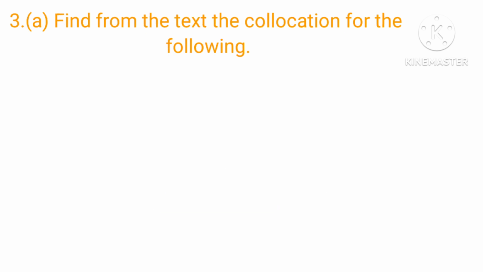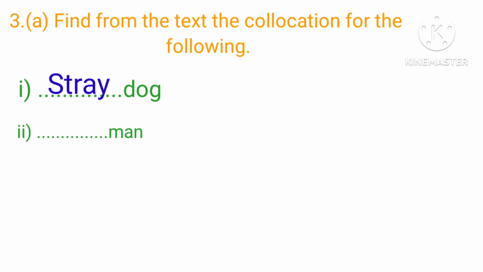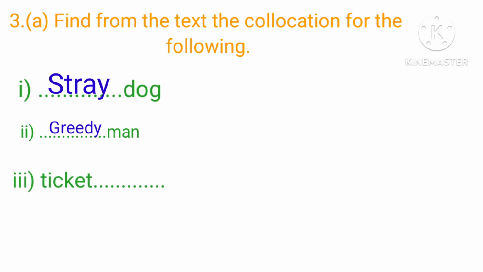Third, A: find from the text the collocation for the following. First, blank dog. Here we will write stray dog. Blank man, greedy man. Ticket blank, ticket office.